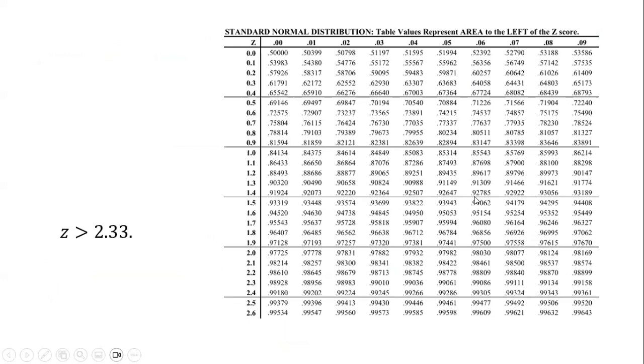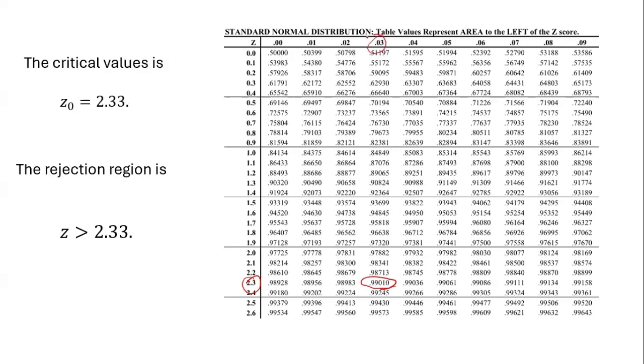So now let's look at 0.99, which is over here. And you see that the critical value is 2.33. Since we have a right tail test, the rejection region is any z value which is more than 2.33.